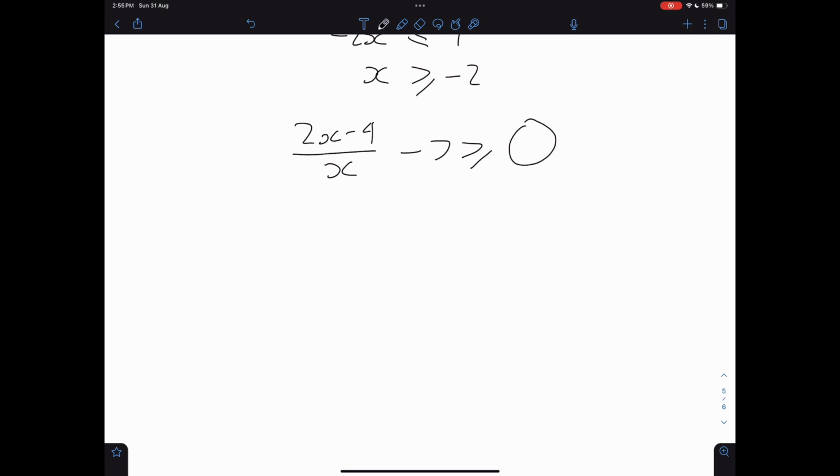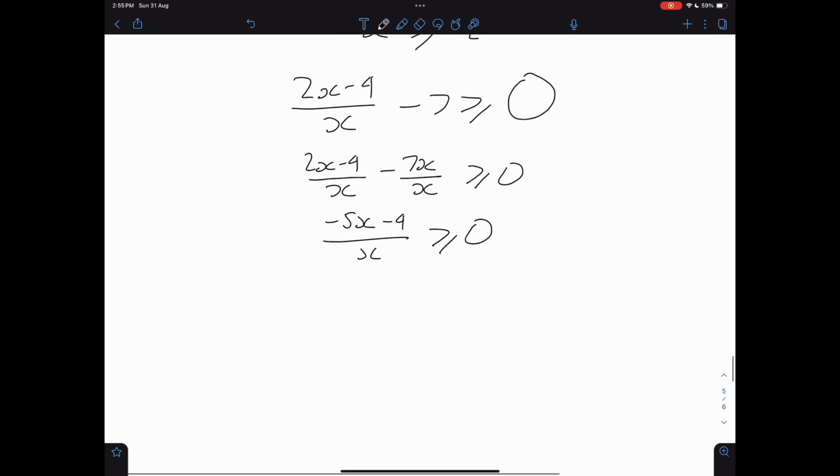So we'll combine this into one fraction. And this is okay because we're keeping it. This is minus 7x over x, which is the same as minus 7. So that's still okay. And then we get minus 5x minus 4 over x, and that's greater than or equal to 0.